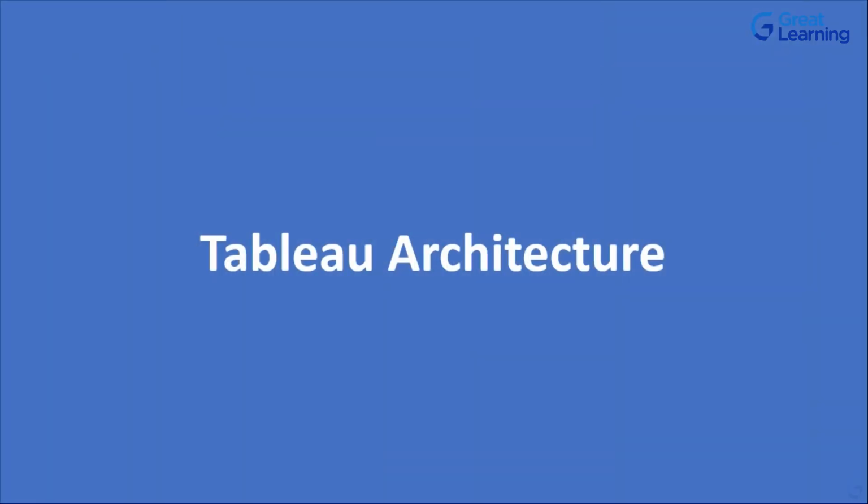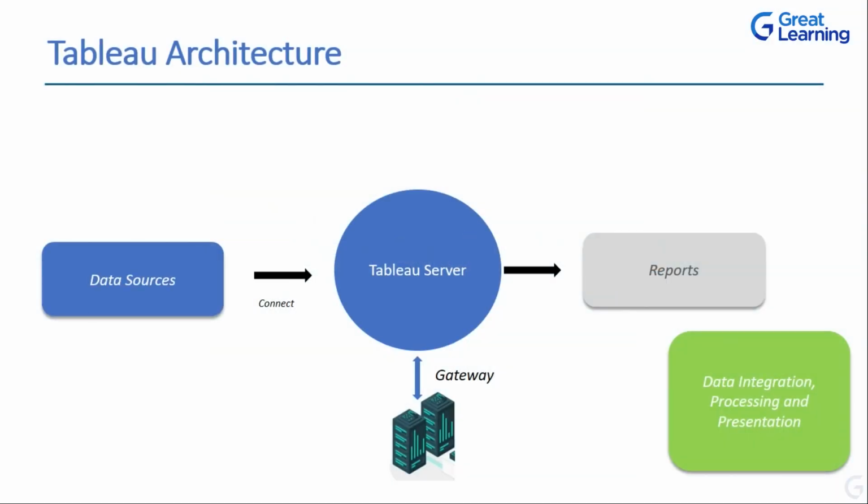Let's try and understand how the Tableau architecture works. If you talk about Tableau architecture, there is not a lot of thought process to put into it, right? Firstly, we would be connecting to different data sources, as I've mentioned. So you are extracting data from different sources. Once that is there, you can move that data to a Tableau server.